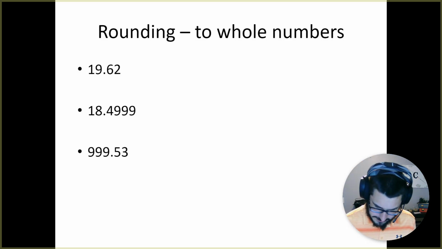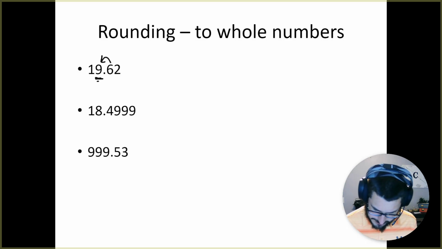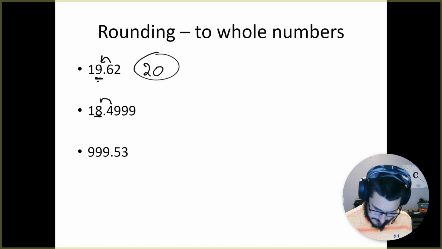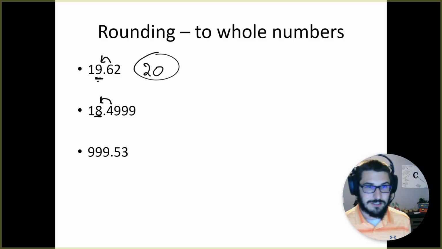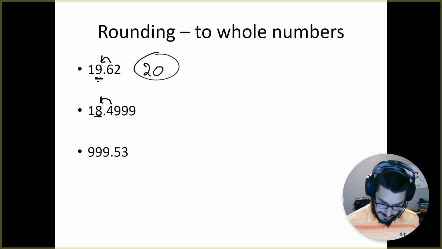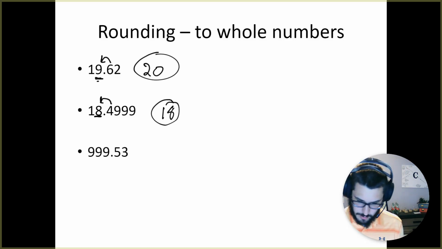So we've got this 19.62, we're going to get 20. Whole number here is going to be that 8. The 4 is going to round that down because 4 is less than 5. So that'll end up being an 18 when we round it to the whole number.